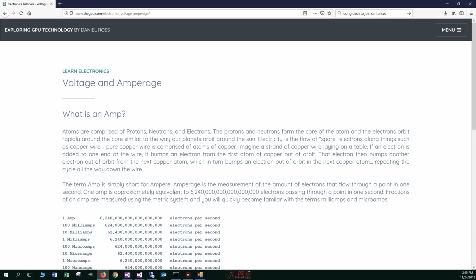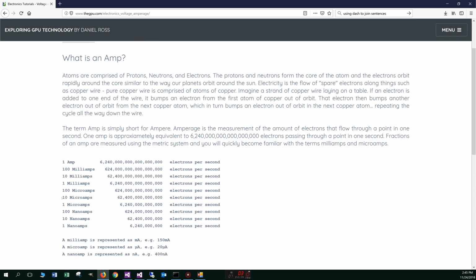Now 1 amp is approximately equivalent to this giant number here of electrons passing through a point in 1 second. Fractions of an amp are measured using the metric system, and you will quickly become familiar with the terms milliamps and microamps. So 1 amp is represented as this number of electrons passing through a certain point per second.